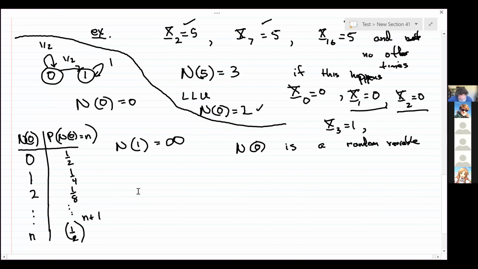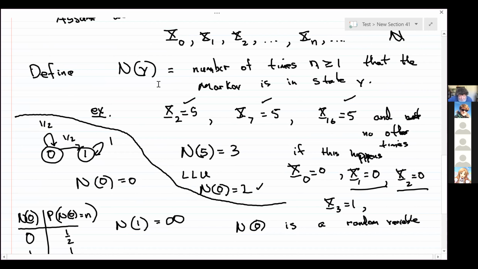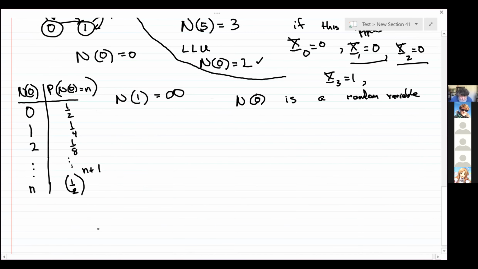Okay, any questions about what N of Y means and how it's thought of as a random variable? It seems like a natural thing to think about, right? Because when you have a diagram and you're moving around the diagram, it seems like the number of times that you visit a state could come up. In fact, and by the way, what could be on the list? This thing could stop at some point, or it could go on.